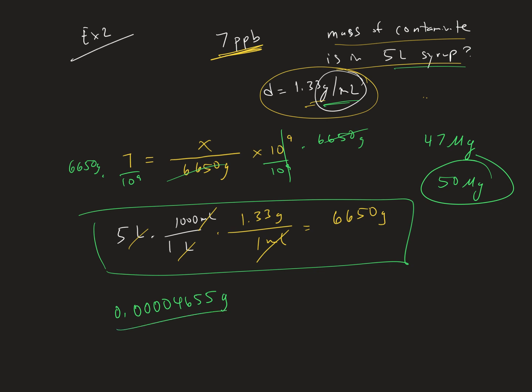That's icky. Let's convert that to micrograms. 1 gram is the same as 1 million micrograms. 1, 2, 3, 4, 5, 6. So that's where I got 47.